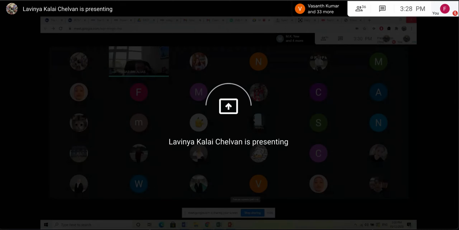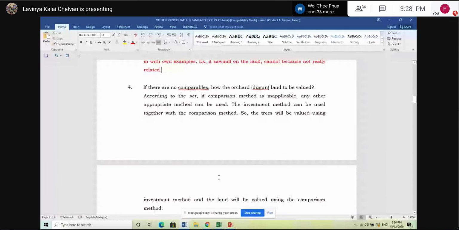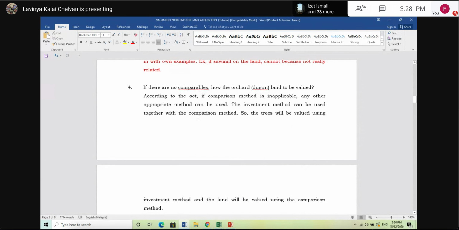Okay, now you share with me question 4. So basically, if there are no comparables, how would the orchard or durian land be valued? Basically, if the comparison method is not usable, then any other appropriate method can be used.